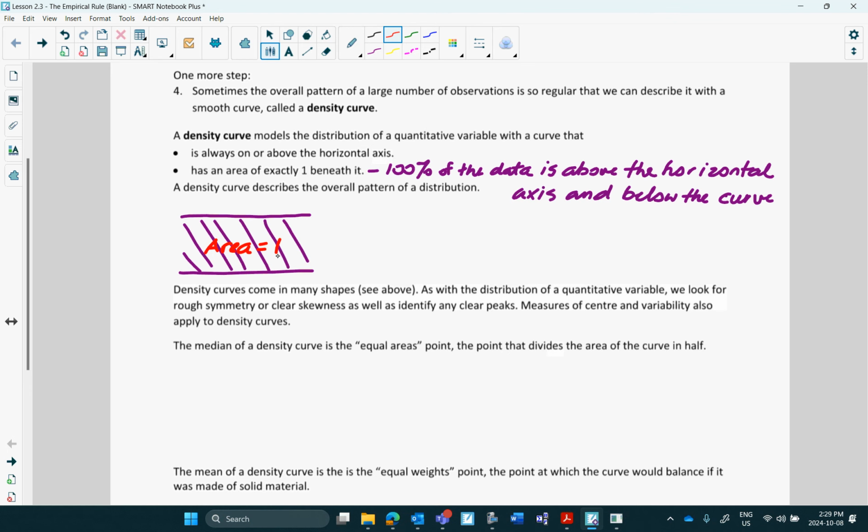And you're going to do this millions and millions of times. Well, according to probability, wouldn't you get a 1 20% of the time? 1 out of 5 times? Wouldn't you get a 2 20% of the time? A 3 20% of the time? A 4 20% of the time? And a 5 20% of the time? So if you plotted them, it would make a nice rectangle.